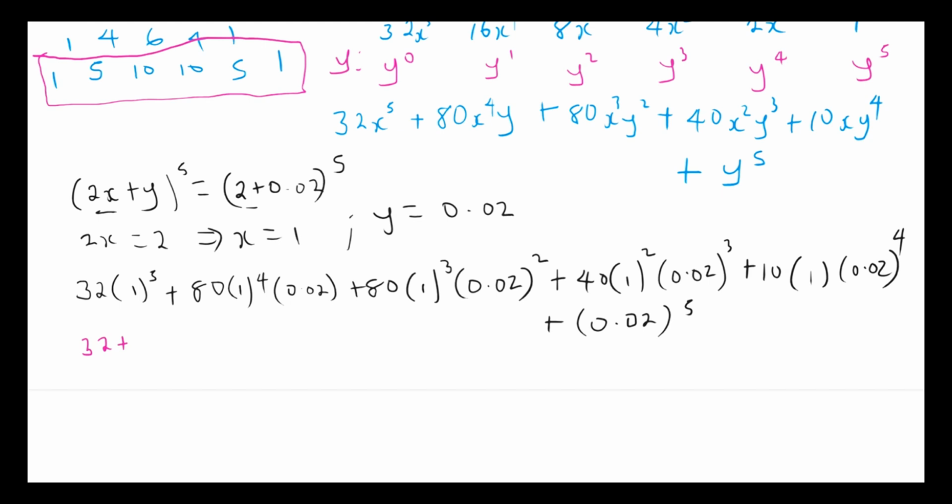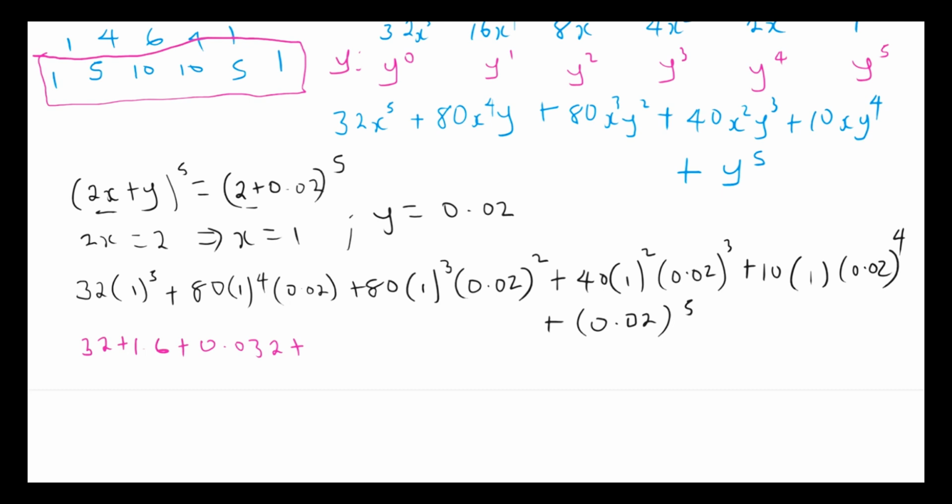That should give you 1.6. The next is 80 times 1 times 0.02 squared. That should give you 0.032.